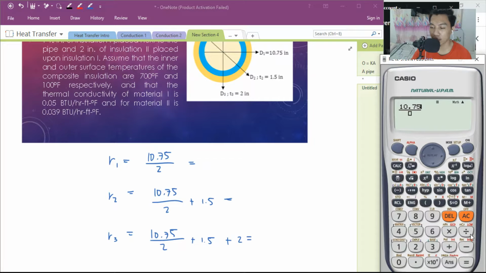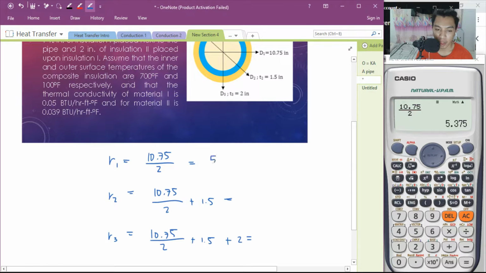10.75 divided by 2, that is 43 over 8 or 5.375.